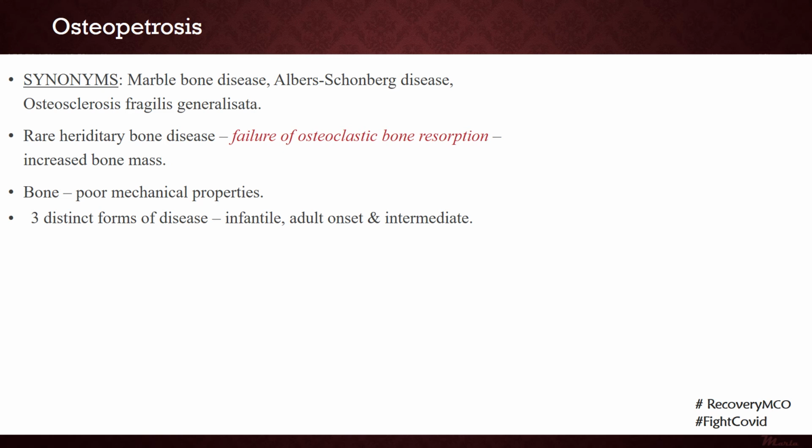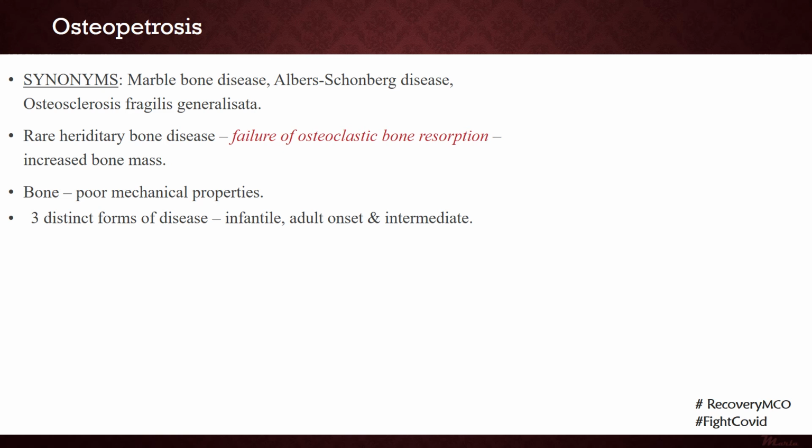The pathogenesis of this lesion involves failure of osteoclastic bone resorption, such that the balance between apposition and resorption is disturbed, resulting in increased bone mass. Even though the thickness of bone is increased, it has poor mechanical properties.